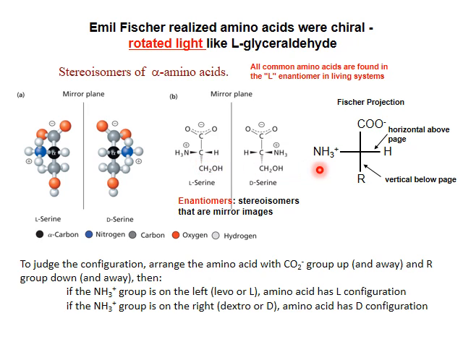Remember the Fischer projection from organic chemistry, and that's shown here, where you draw a cross like this to simplify it. There's a chiral carbon at the center of this cross. We'll draw certain biological molecules in a similar way, especially when we go to carbohydrates.